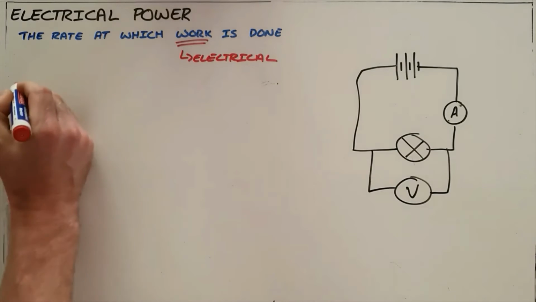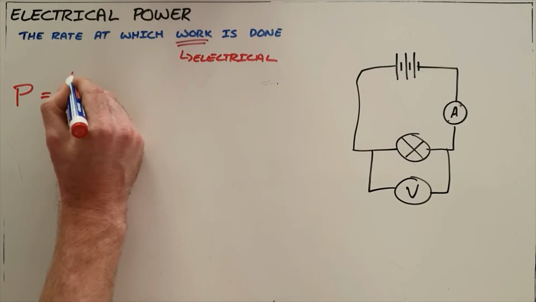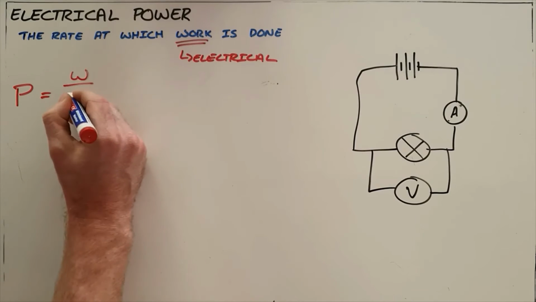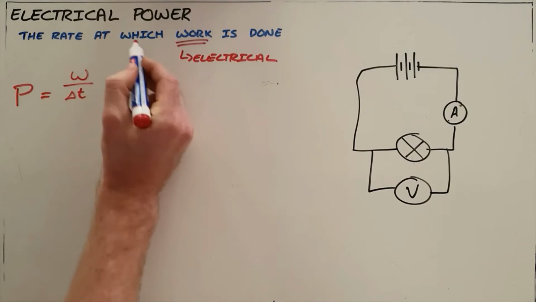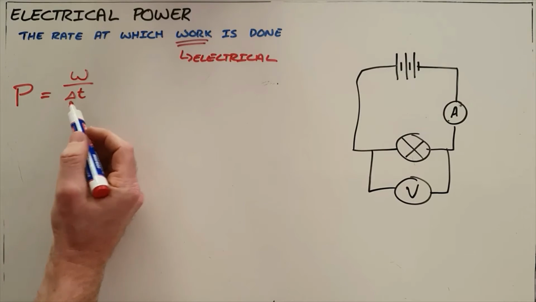We know that from the definition, power being the rate at which work is done, whenever there is a rate, it is always just that substance over time. So in this case, it is work per unit time.